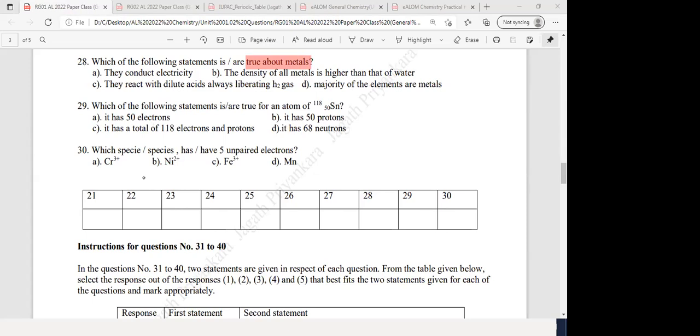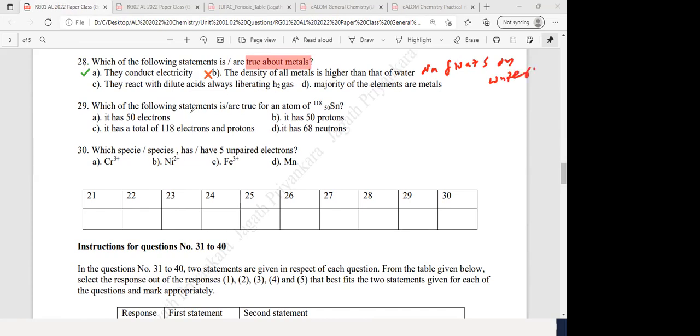There are more than 80 metals in the periodic table long form. Then B, density of all the metals is higher than that of water. Is that correct? Why is B wrong? What is the evidence? Sodium. Sodium floats on water. So therefore it's wrong.